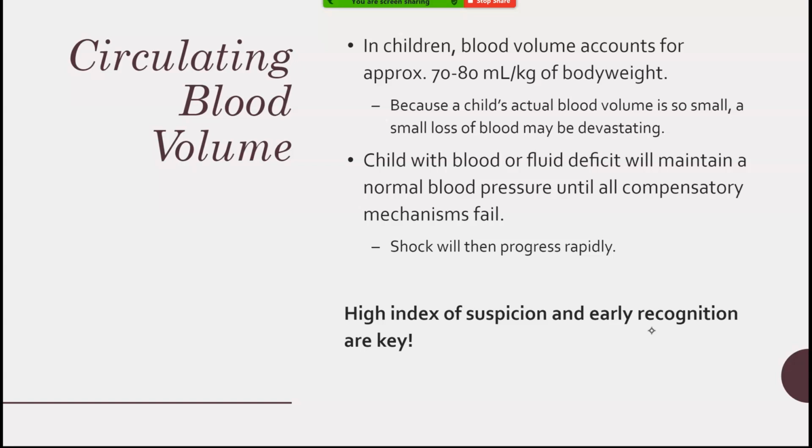This is something you can do as an adult also: you can calculate about how much blood volume you have. In a child, it is 70 to 80 milliliters per kilogram. So if you have a 5 kilogram baby, like an infant or newborn, that's about 350 milliliters of blood, right?